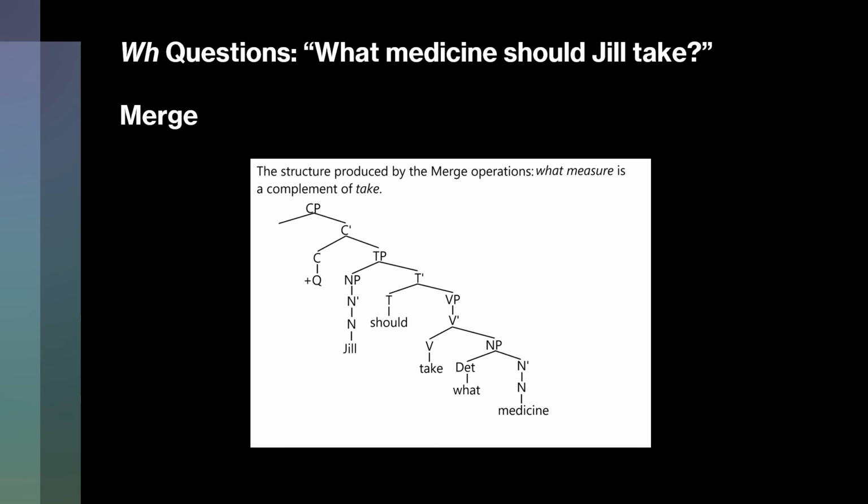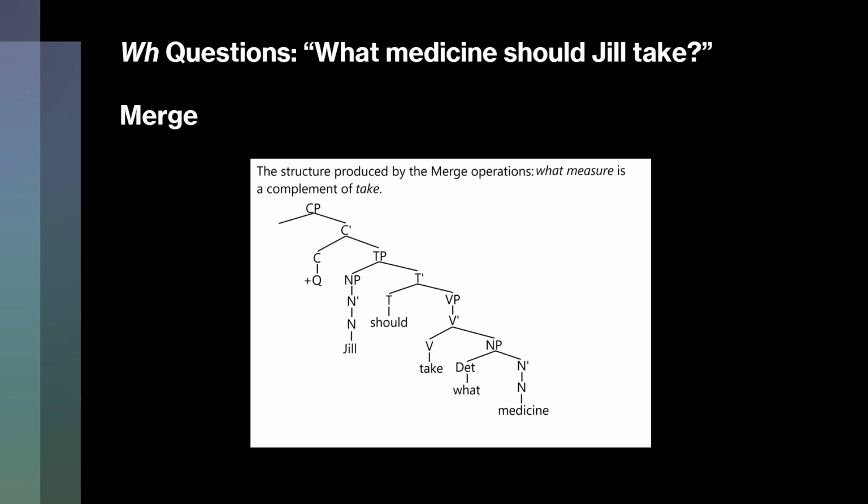That verb phrase and its tense marker, which in this case is the modal should, merge together with our noun phrase Jill, which is our subject, to create Jill should take what medicine. We know it's a question, so we add plus question. Jill should take what medicine is our underlying or our deep structure for this question.